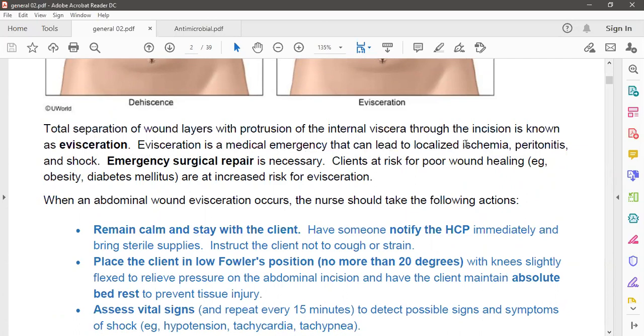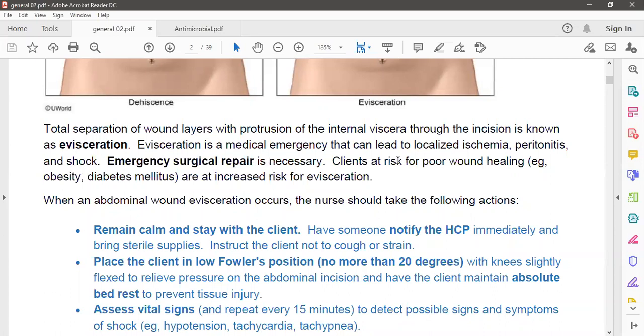Ischemia means the blood supply is reduced, the local tissue is damaged, and ischemic change occurs, or peritonitis develops, which is inflammation of the peritoneum. Both of them can lead to shock. Emergency surgical repair is very necessary.